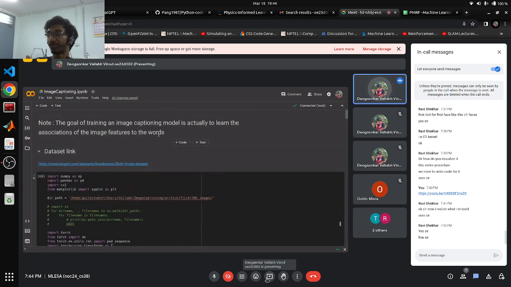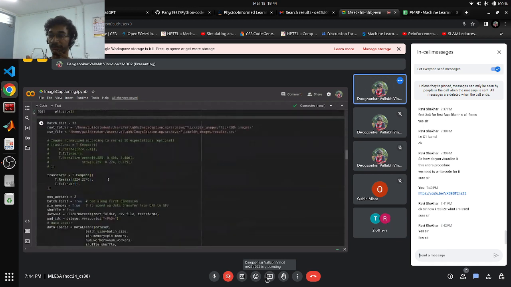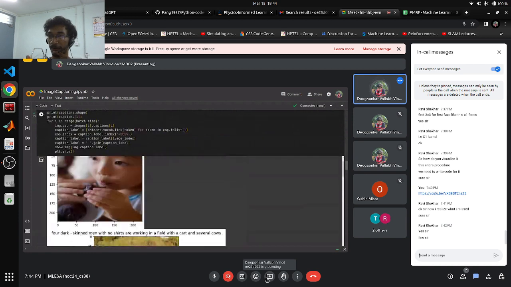Here I have made a big note that the goal of training an image captioning model is for our model to learn the association between the features in the image and the words. A caption is essentially a description in words of what is in that image. Let's go through some examples from the data set I've chosen.